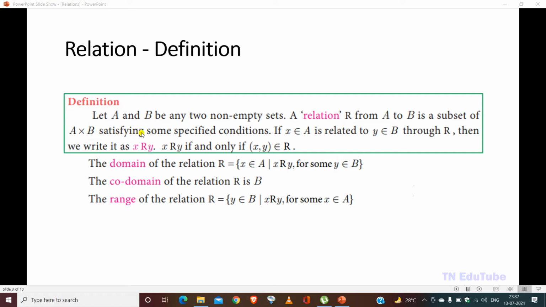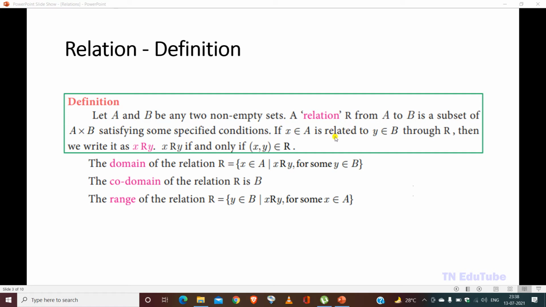If x belongs to A is related to y belongs to B through some relation, an element of A is related with an element of B, then that ordered pair comes in the set of relations R. The relation set is denoted as R.